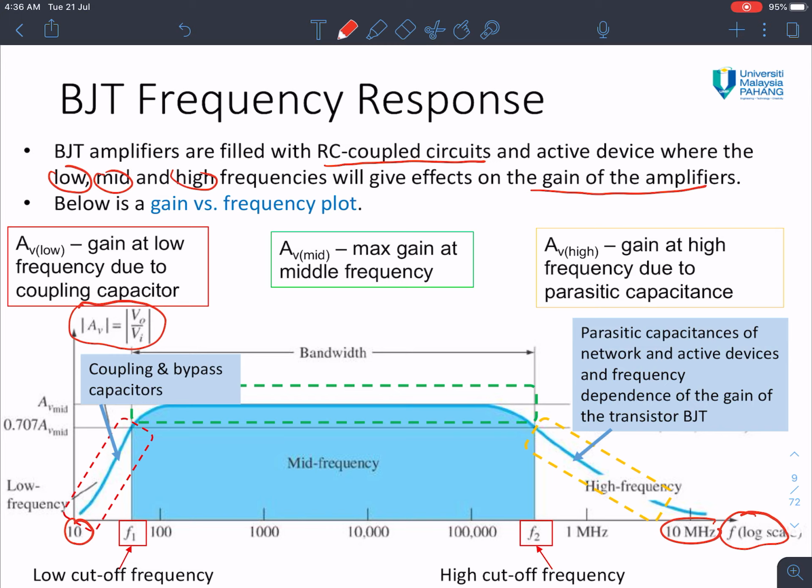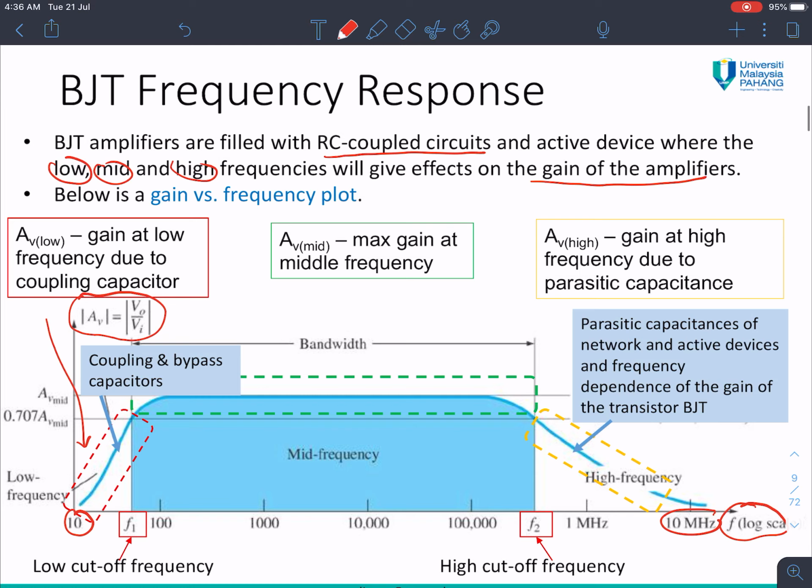Okay, let me see what happens to the gain of our amplifier. Take a look here. Okay, the Av low, at this time the gain is low.